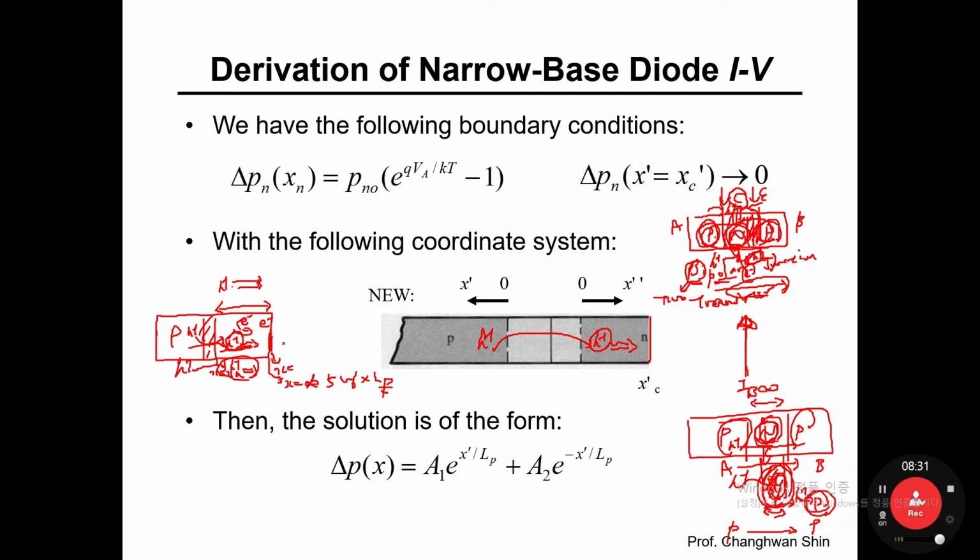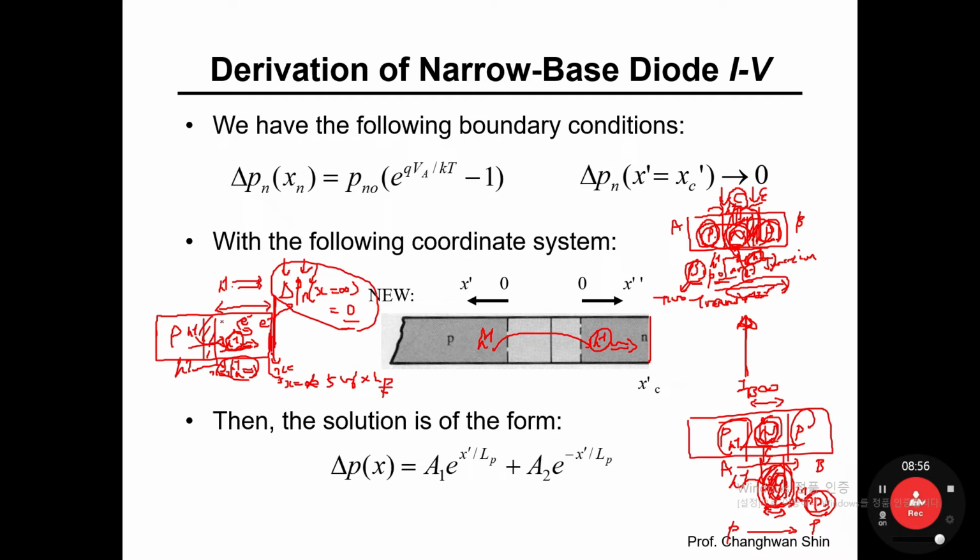That is the main reason why we say that at the edge of the n side, away from the depletion layer, delta p sub n at x of infinity should be 0. So the excess hole concentration in the n side should be 0. That was used to solve the second order minority carrier diffusion equation.